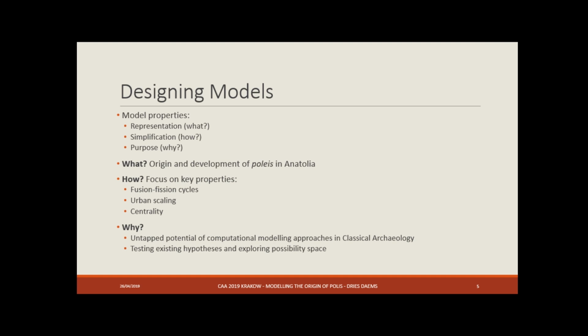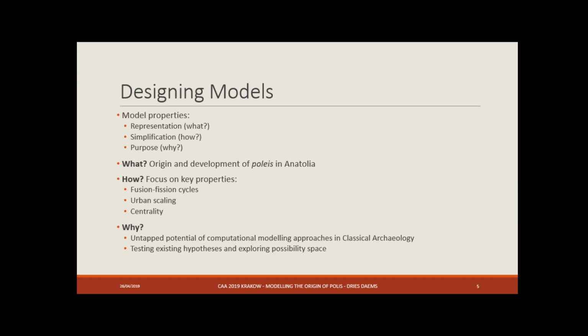The what I indicated at the beginning. I'm interested in modeling the origin and development of polis communities in Anatolia. How I would like to do that is by focusing on three key properties: fusion-fission cycles, urban scaling, and centrality. Why do I want to do that? Well, there are many reasons why someone can go towards modeling as a research tool.